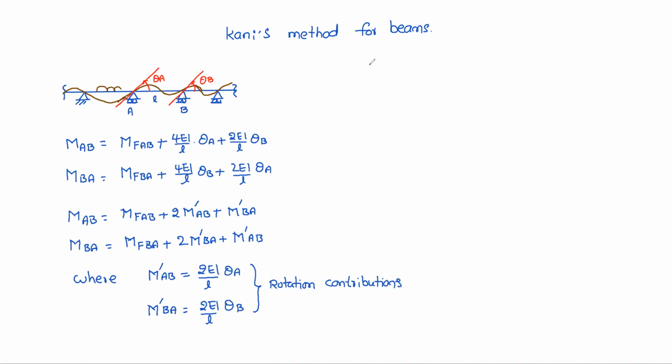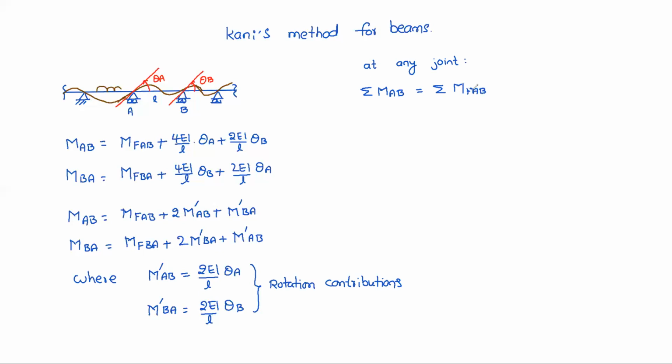Now at any joint, generally the sum of the moments, clockwise and anti-clockwise, must be 0. Net moment must be 0. That means at A joint, sigma MAB, the sum of the moments, equal to sigma of MFAB.